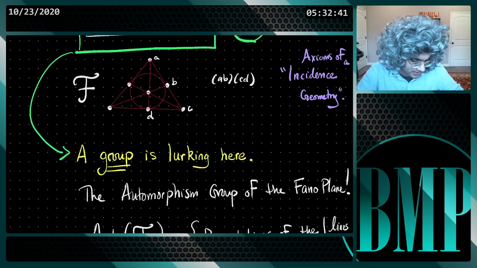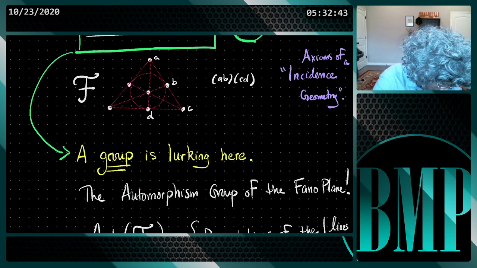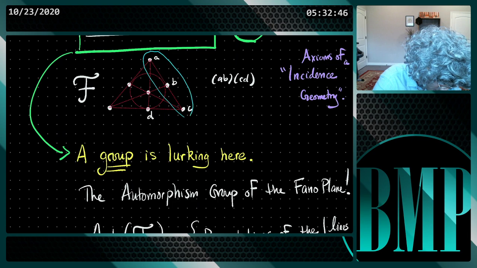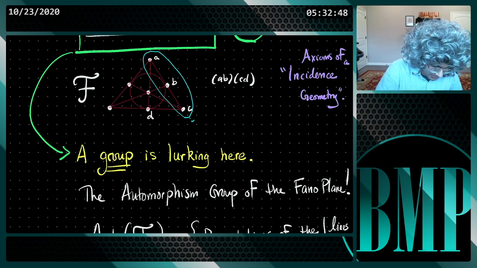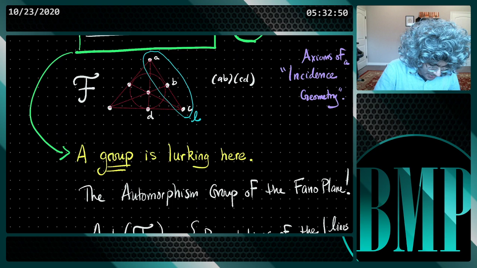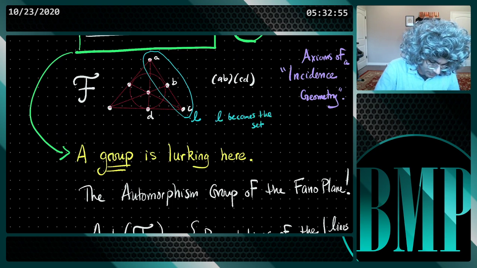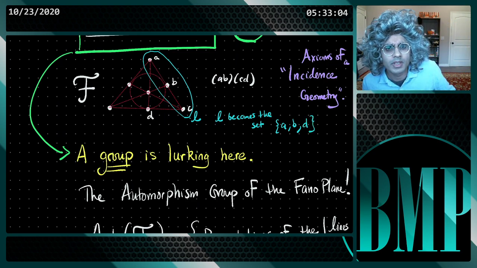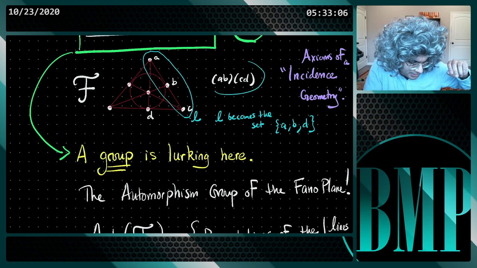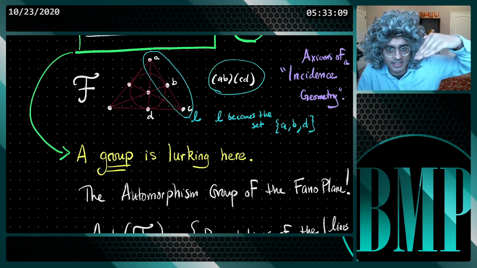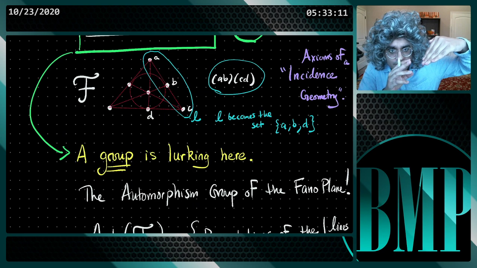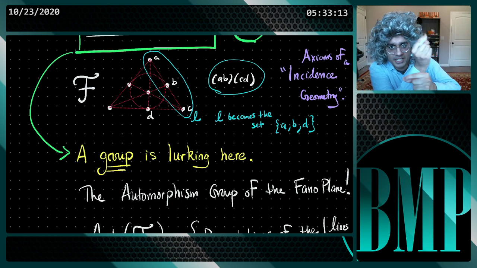Because see, if you focus on this line L, L becomes the set A, B, D. If I apply this permutation to the elements in the set L, the 3 points will become A and B, just swap places.